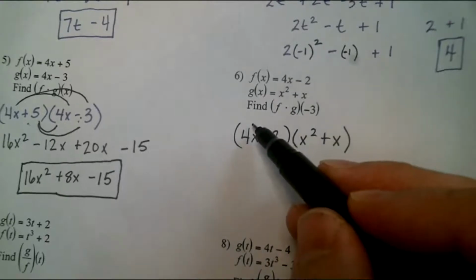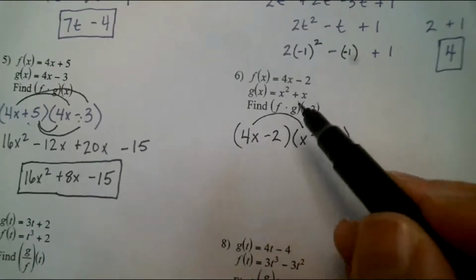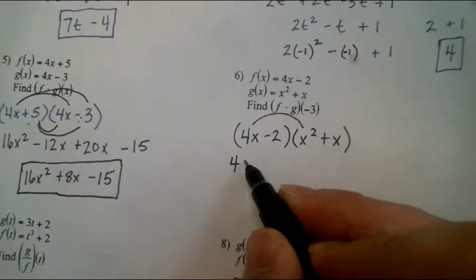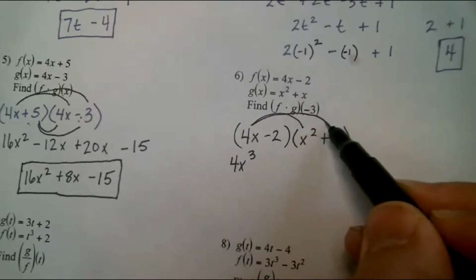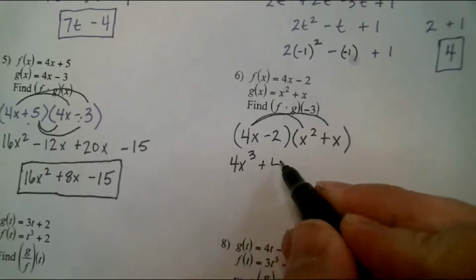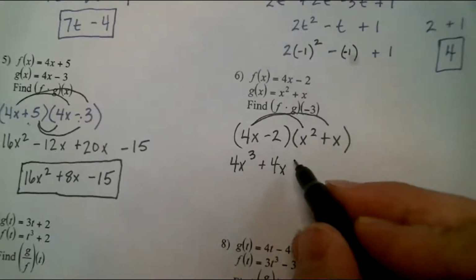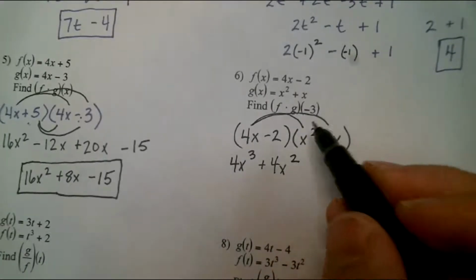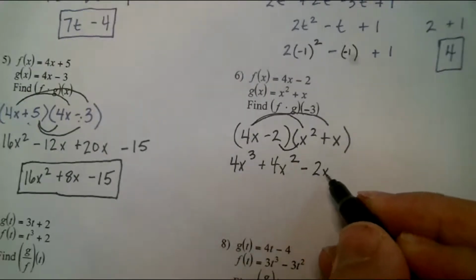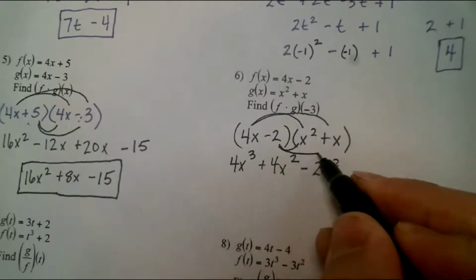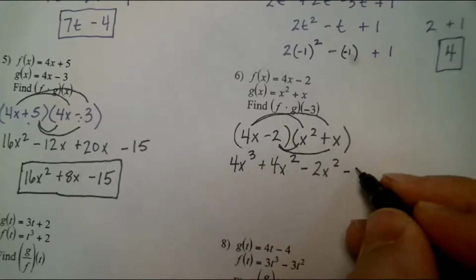So here we go. First would be 4x cubed. Outside would be plus 4x squared. Inside would be minus 2x squared. And last would be -2x.